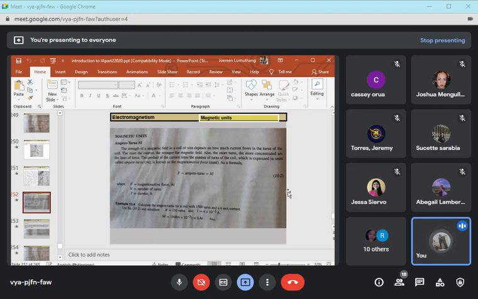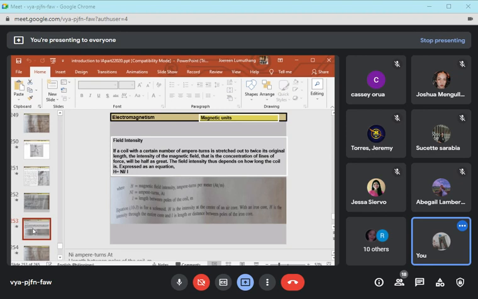N there is not 150, but 1,500 turns. We multiply and arrive at the answer. It's very simple because the given is there, and you just use the formula exactly as you have seen it.